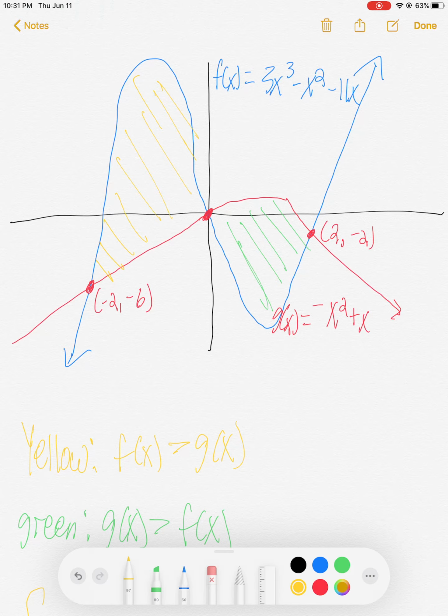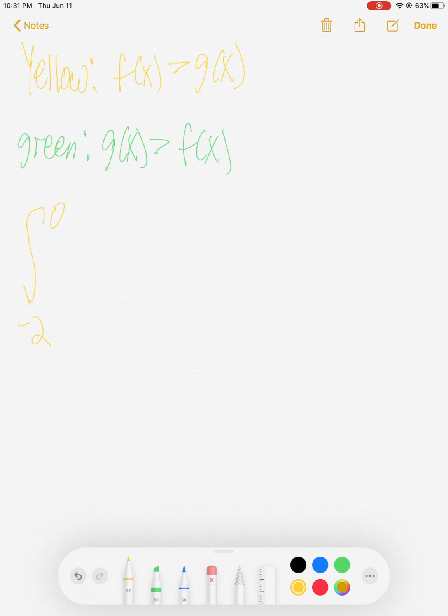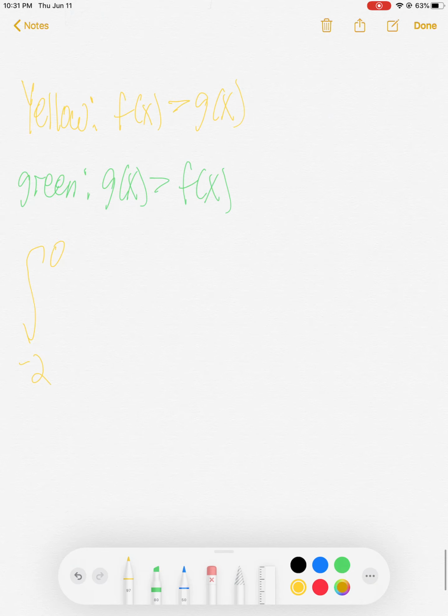I'm going to integrate over the yellow region. My bounds of integration are going to be the two x values of the intersection points. So it looks like my lower bound is -2. Remember, here we're using x coordinates because we have y as a function of x. Be careful with that.